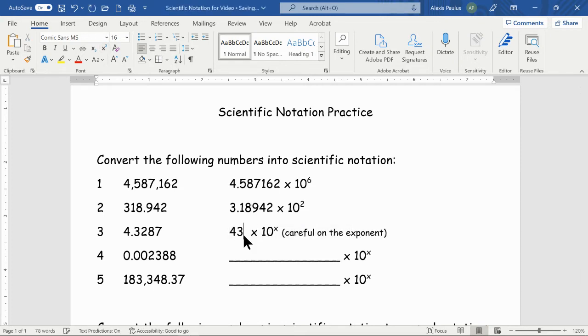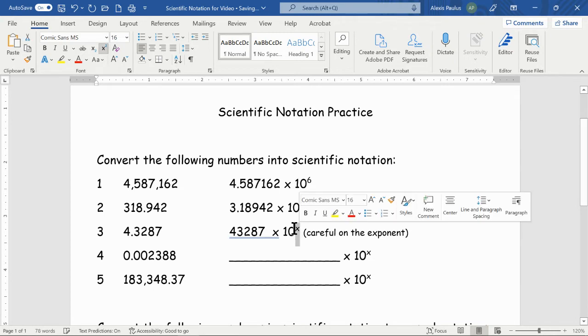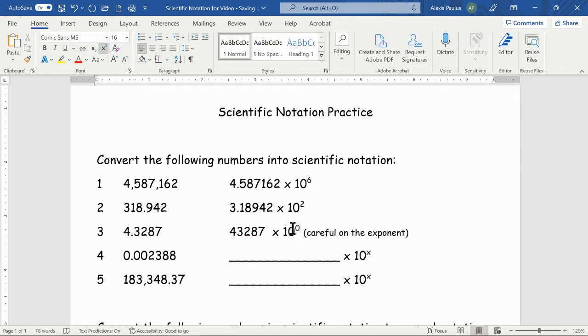So 4, 3, 2, 8, 7. The reason why it says careful with the exponent is because to make this equal to the normal notation number, we have to multiply it by 1, and 10 to the 0 is equivalent to 1. All right, so this is kind of a tricky one.